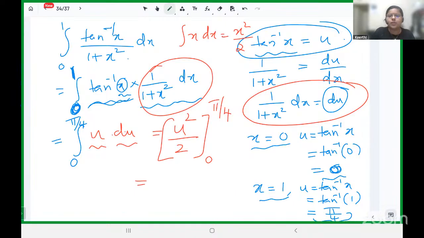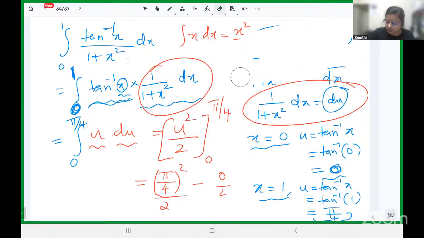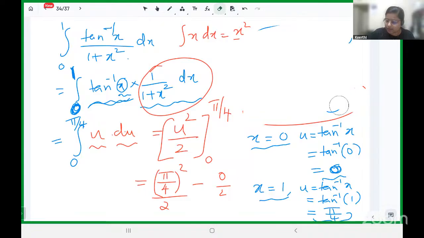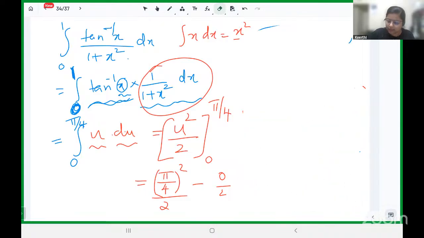So here you put the upper limit, that is pi by 4 the whole square by 2, minus 0 by 2, right? 0 by 2 is 0. So if you simplify, what will happen? Pi by 4 the whole square is actually pi square by 16.